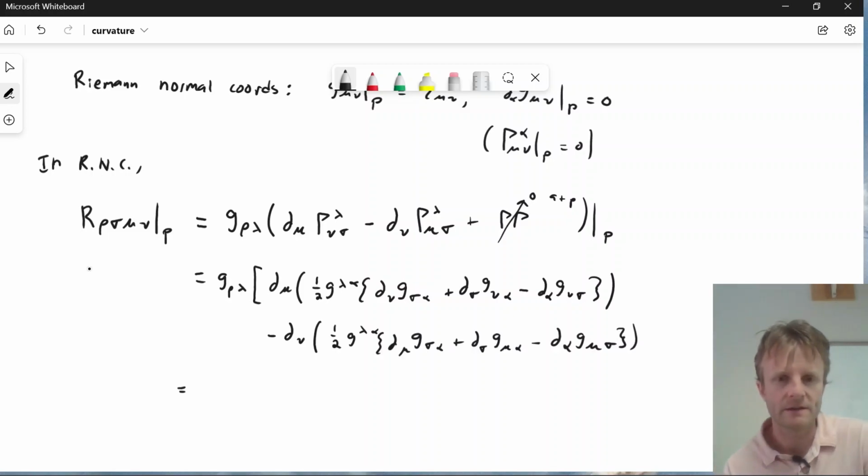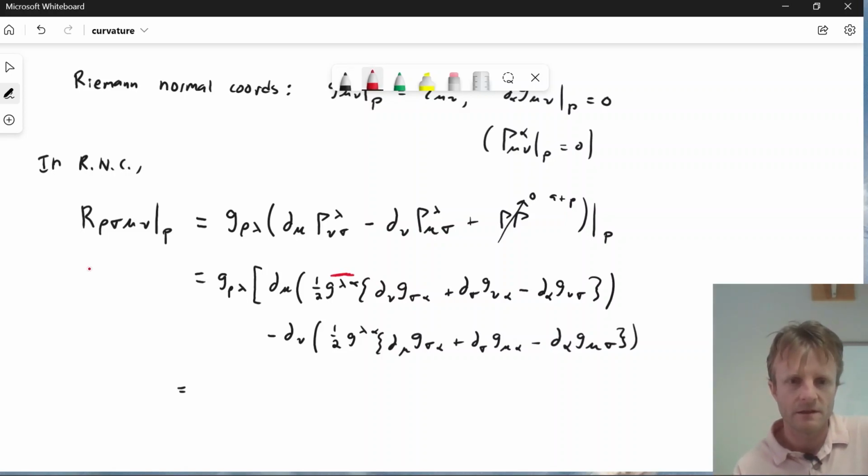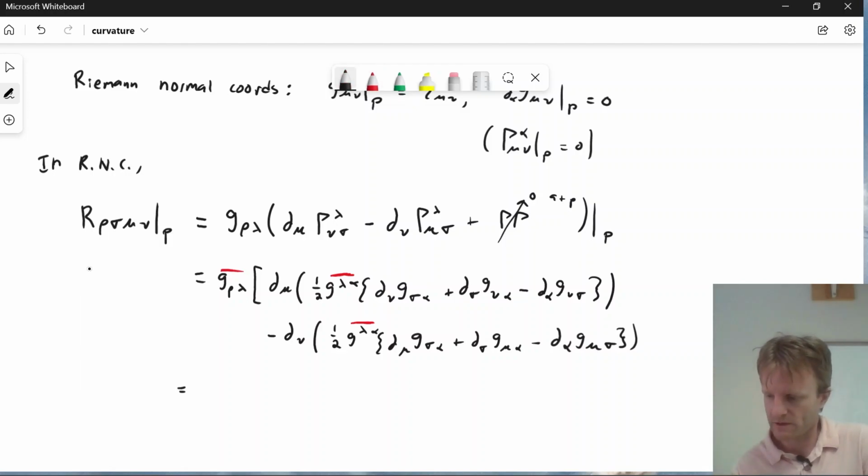And now we can see the g's here, this one and this one, are contracted with each other. So the inverse metric contracted with the metric is just a Kronecker delta. So that's going to be a Kronecker delta rho alpha times all this stuff.